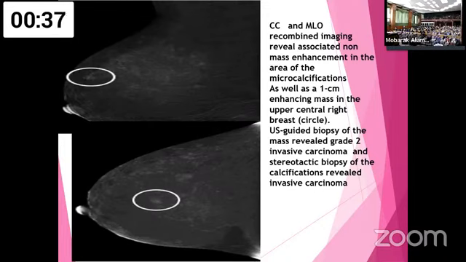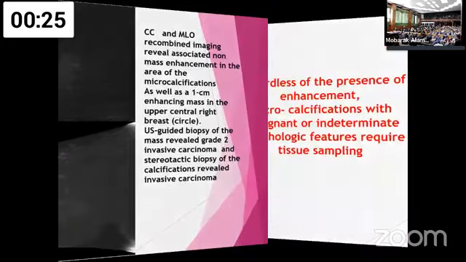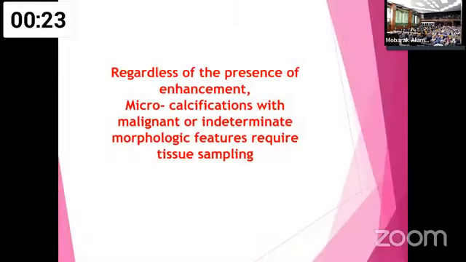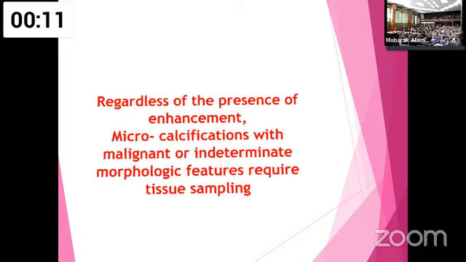However, there was a small enhancing mass with irregular borders, and biopsy from this mass and tissue sampling from the microcalcification confirmed invasive ductal carcinoma. The last flag: regardless of the presence of enhancement, microcalcification with intermediate or malignant features should undergo tissue sampling.